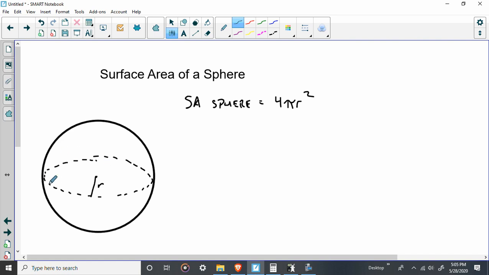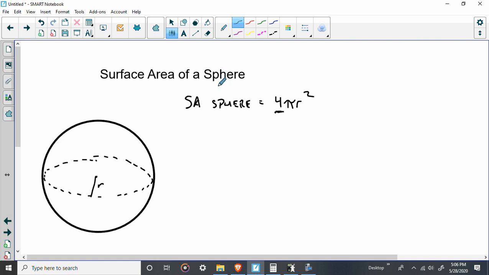If I have this circle in the middle, the area of that circle is pi times radius squared. If I cut this circle out and glued it around the surface of the sphere, it would fit exactly 4 times, which is one of those odd feats of math, and it shows you how perfectly some of these things work.